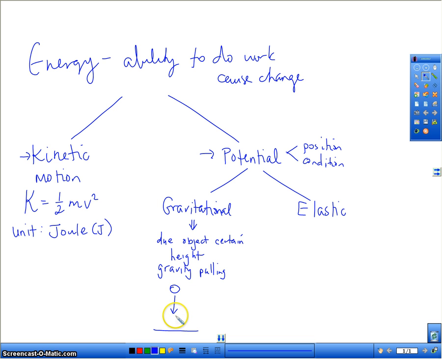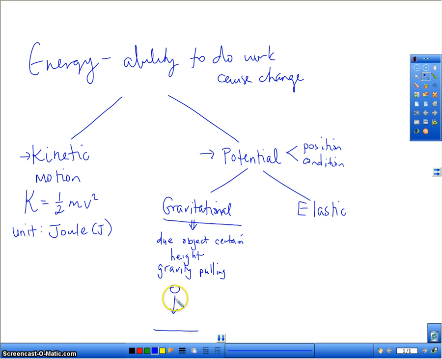It could also do work for us. If we attach the object to a pulley system, pulling down on it could cause something else to lift up. It could do work for us in any number of ways.